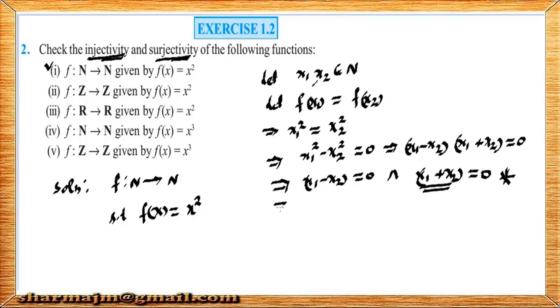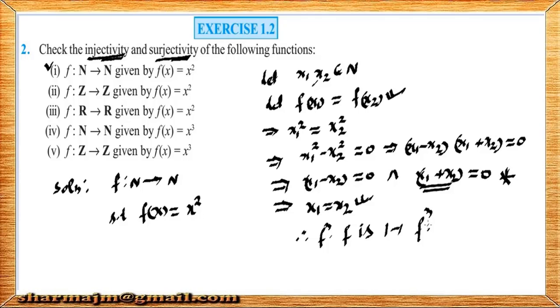So we have only this possibility, which implies x1 is equal to x2. So here we have seen if images are the same, then pre-images are also the same. Therefore the function f is one-one.